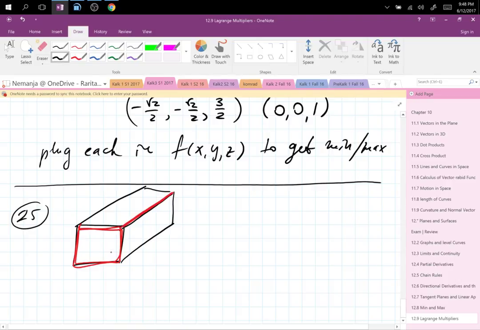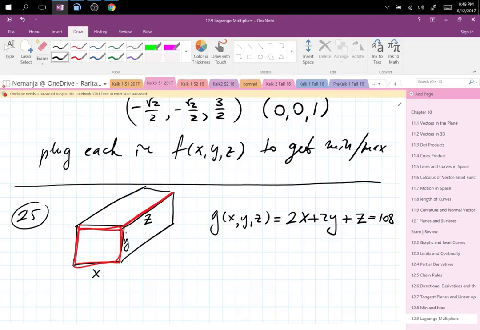So x, y, z, and the constraint g of x, y, z is clearly 2x plus 2y plus z equals 108. That's our constraint. The girth is the sum of the edges in the face, and then the length, in our case z, so plus z.